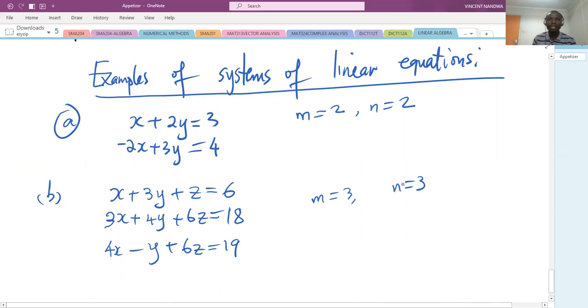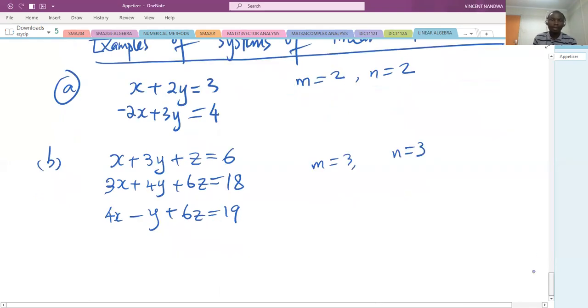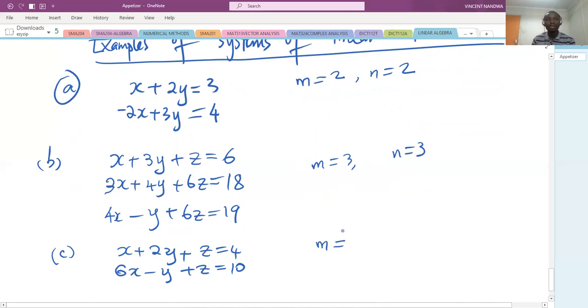Three equations in three unknowns. And C, we can have x plus 2y plus z equals to 4, and say 6x minus y plus z equals to 10. So here, m, the number of equations, is 2, and n, the number of variables, is 3. So this is an example of a system of two equations in three unknowns.